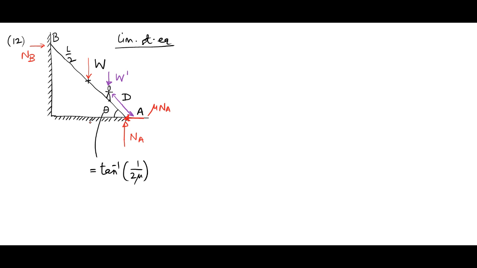And once the angle is fixed, then the man starts to climb. Okay, now just apply your normal force and moment equations. So the first thing that we can do is to apply the equation sigma Fy is equal to 0, which will tell you that my total downward force is W plus W dash, of course, that is equal to the upward force, that's equal to NA.